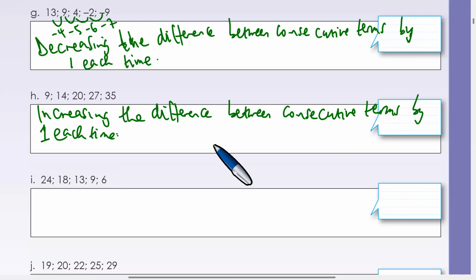Okay, what is the difference between 24 and 18? So 6. Okay, so here we subtracted 6. Yeah, 5.